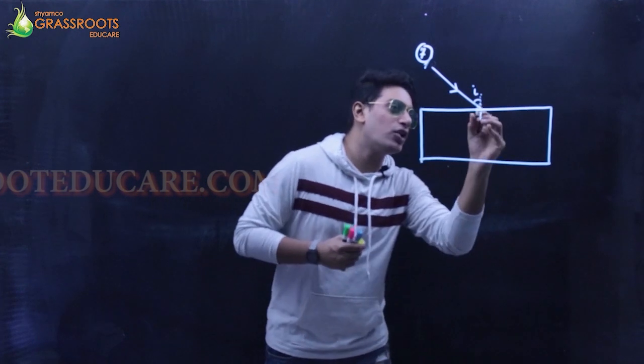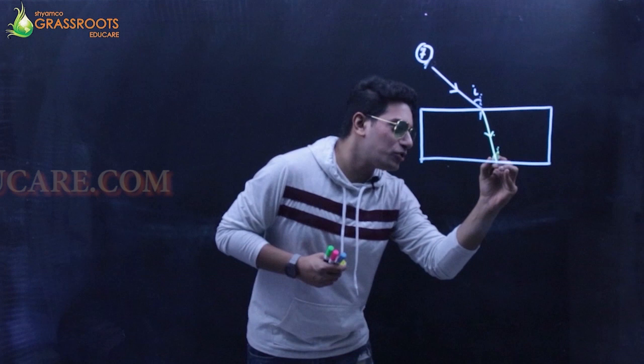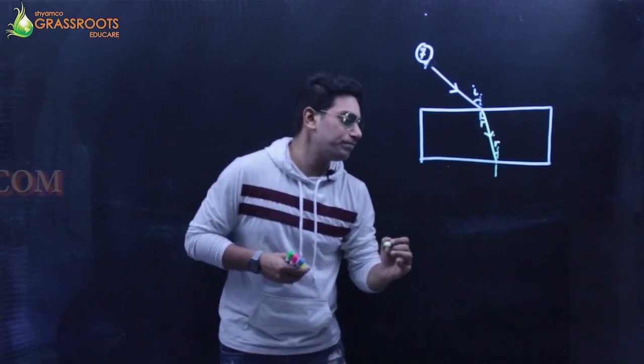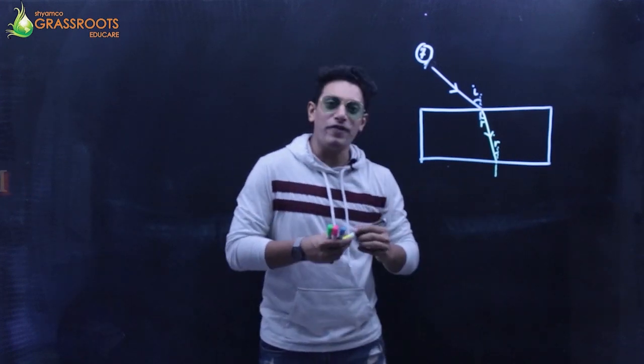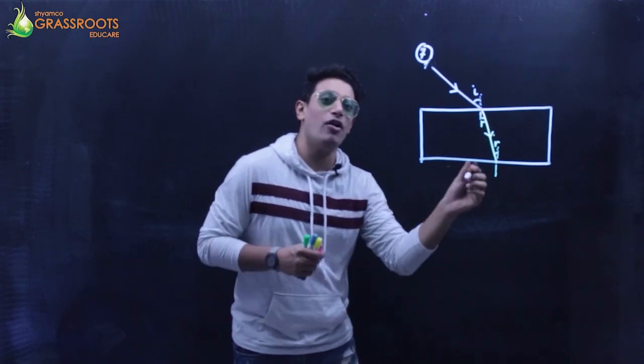Bending is going to be towards the normal. Again, if I draw a normal, this is the angle of refraction. Now the ray of light goes from a denser to a rarer medium, the bending is going to be away from the normal.